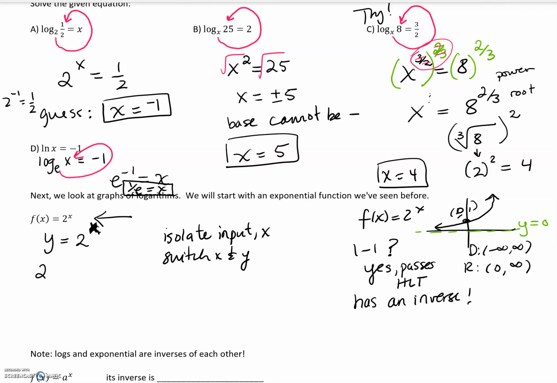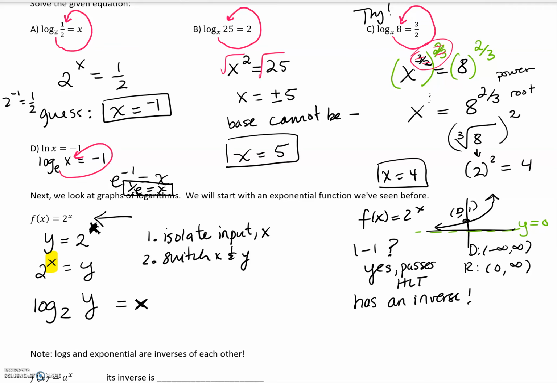So if I write that as 2 to the x equals y, I can write that as log, the base is 2, the exponent that was spit out is x, and the argument therefore must have been y. So all I did was change it from exponential form to logarithmic form. And now I have step 1 done. I've isolated the input x. X is alone all by itself.